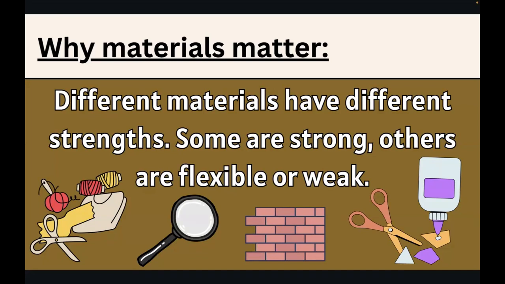So, can anyone tell me a material they think is really strong or one they think breaks really easily? You guys don't have to raise your hand or anything. You can just talk out loud. Something strong is steel.